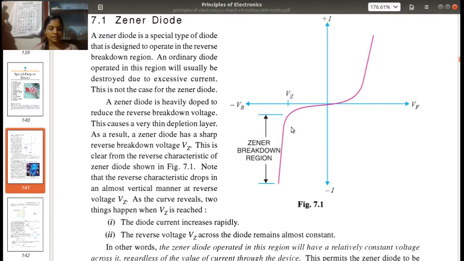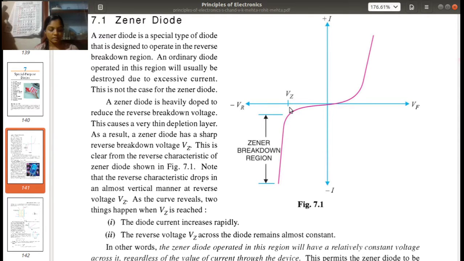In such a case, the voltage across the diode will be constant irrespective of the current. Here you can see that the current is increasing in the reverse direction, but the voltage is constant, because whenever the breakdown voltage is reached, the current increases but the voltage remains constant.